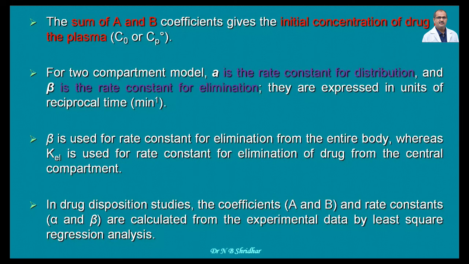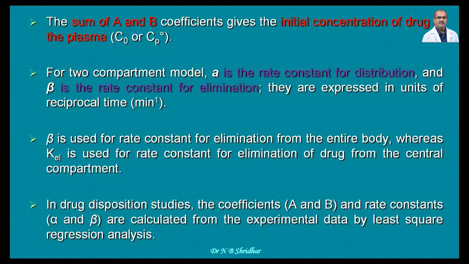In the two compartment model, alpha is the rate constant for distribution and beta is the rate constant for elimination. They are expressed in units of reciprocal time, per minute or min^-1. Beta is the rate constant for elimination from the entire body, whereas KEL is the rate constant for elimination, or the fraction of the drug eliminated, from the central compartment.